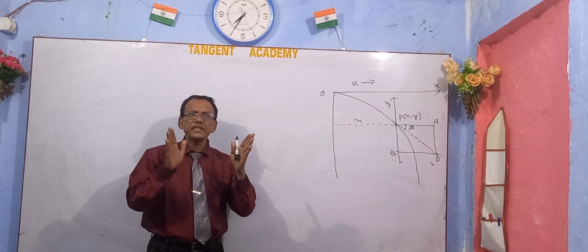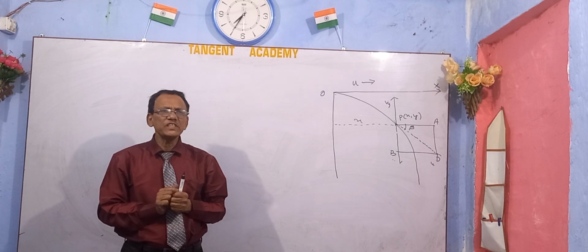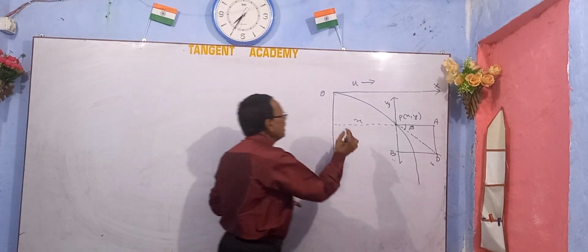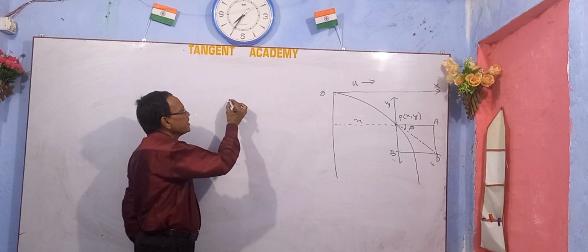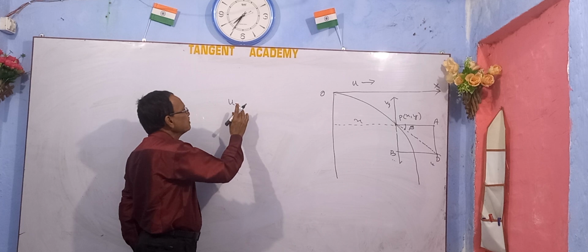Vertical velocity increases due to gravity. Then motion along the horizontal direction, ux.